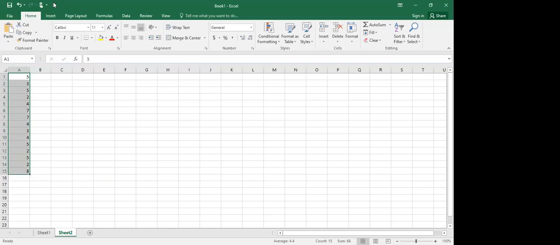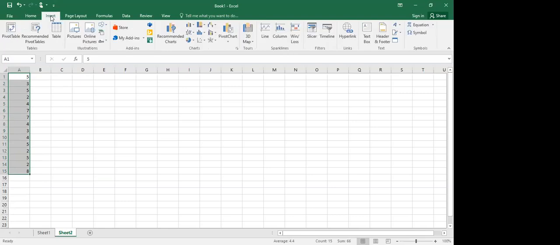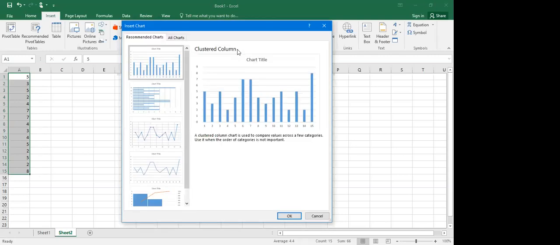Highlight the data and then click Insert here. You will see several graphs, but you are not seeing a box and whisker plot. At the corner here, there is an option to see all charts. If you click on it, you will see all charts.